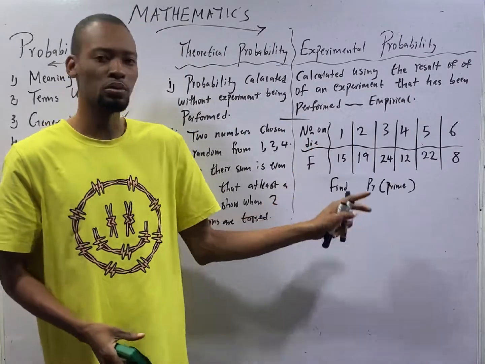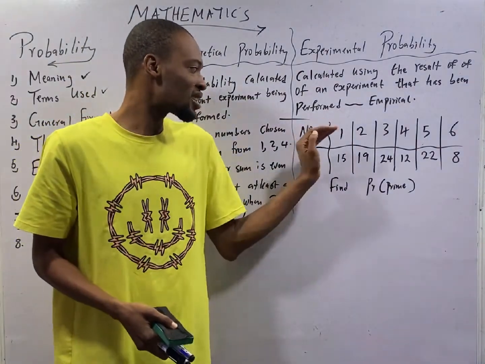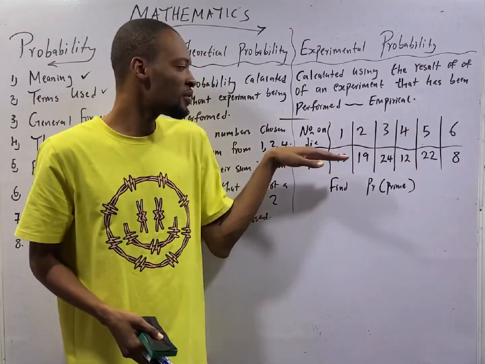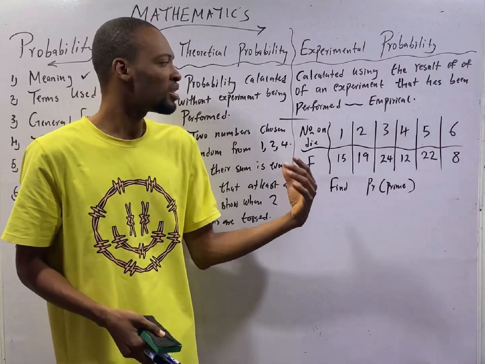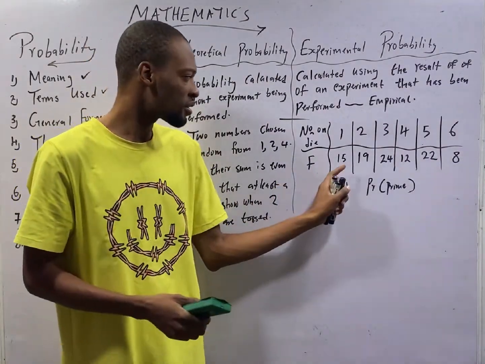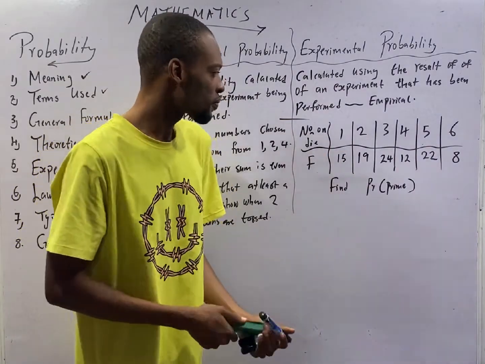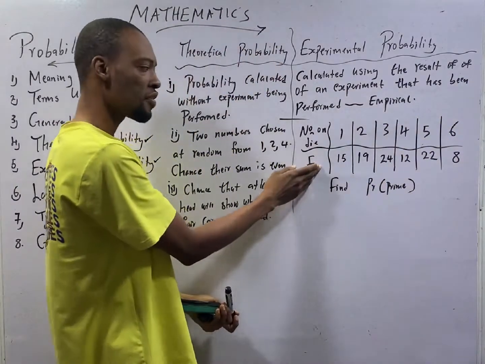Now look at this table. They will tell you that this table shows a dice being thrown and the various results gotten. So they threw the dice so many times, and these are the results. Look at this. These are the faces: 1, 2, 3, 4, 5, 6. Now this is the frequency.